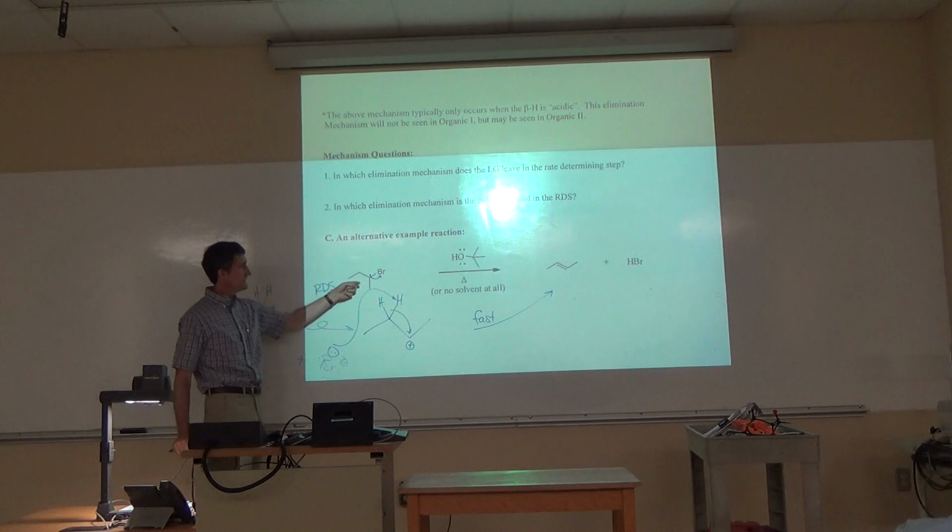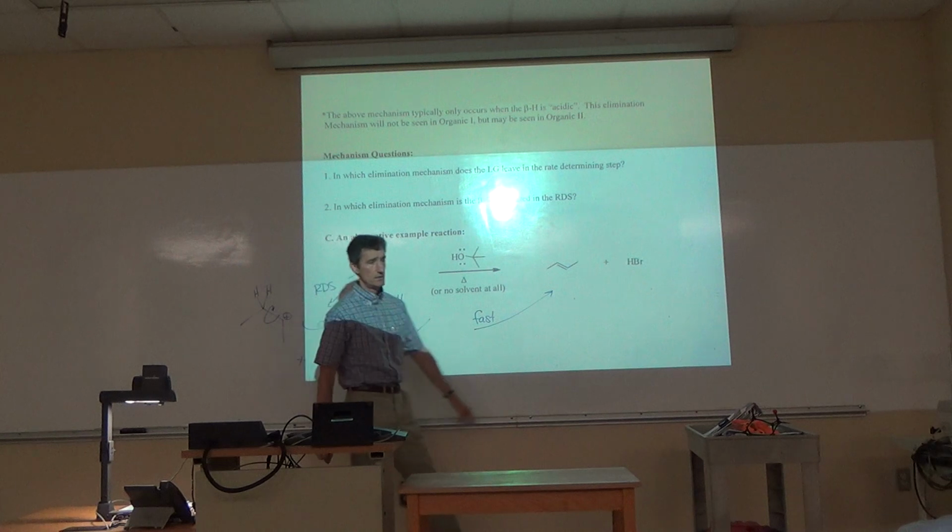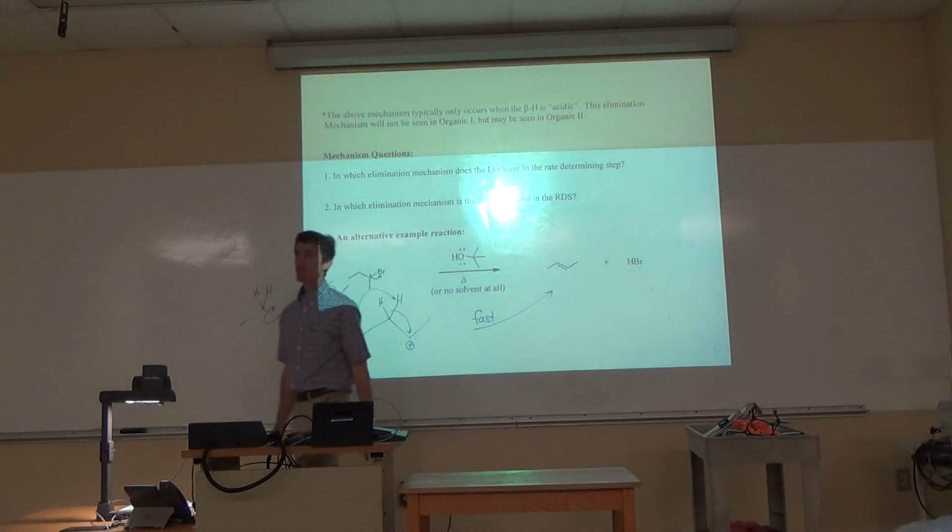Take this compound and heat it to about 300 or 400 degrees, and you might start getting a gas coming out. The pH paper above it will turn red. What is that gas? HBr being eliminated from the molecule.